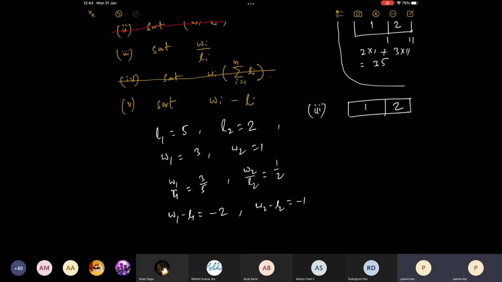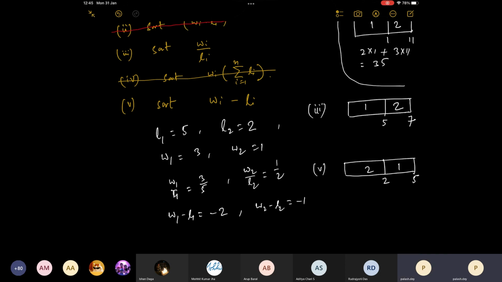The first job takes 5 units of time. The second job takes 2 units, so it finishes at 7. And the fifth approach executes the second job first, then the first job, and this finishes at 2, this at 7. This is exactly what I want. Hopefully the objective functions are different.